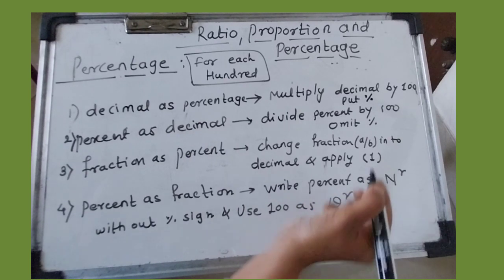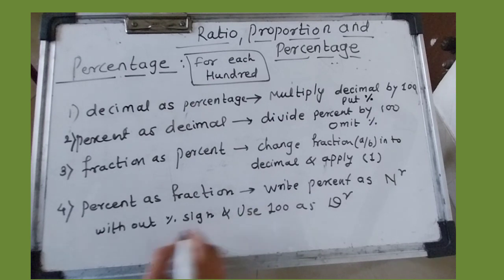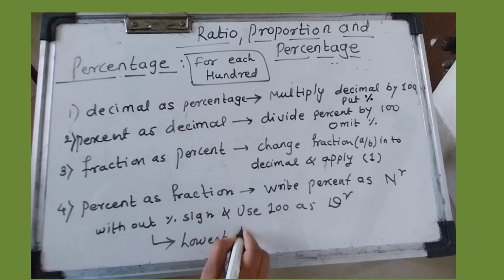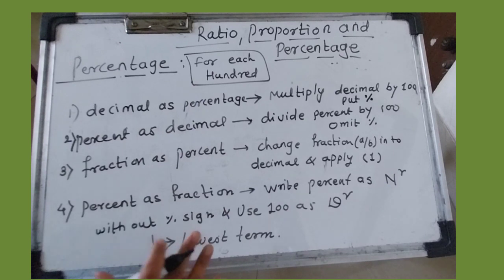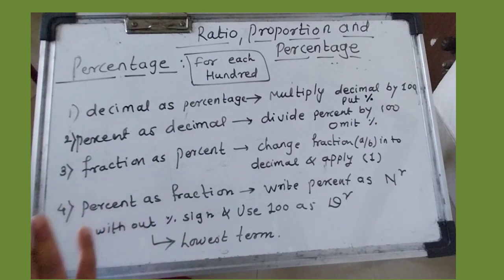It is very simple. Then convert it into the lowest term. Clear? Take a screenshot of these 4 rules. It is a very important rule. Depending on these rules, they ask the questions. Okay, take a screenshot.